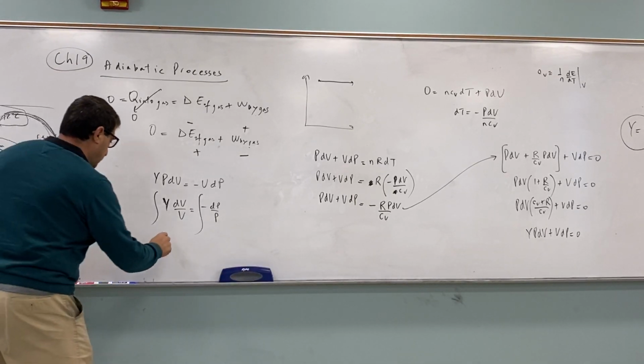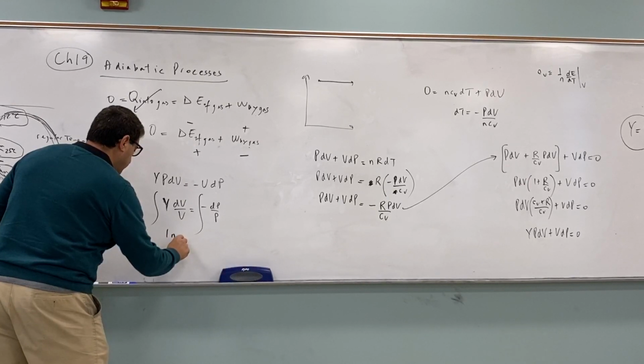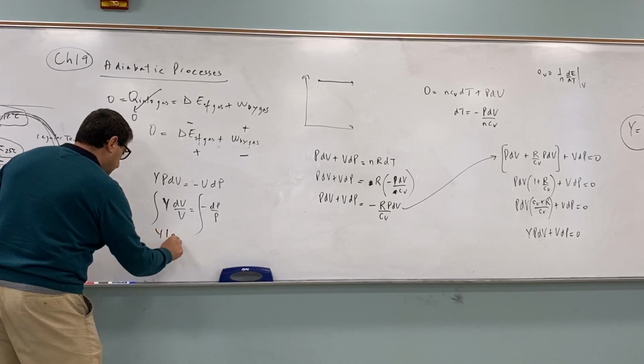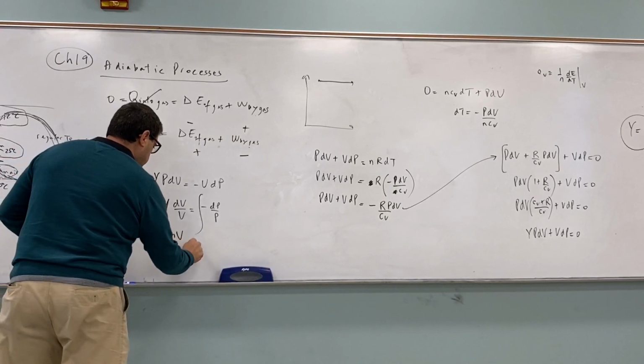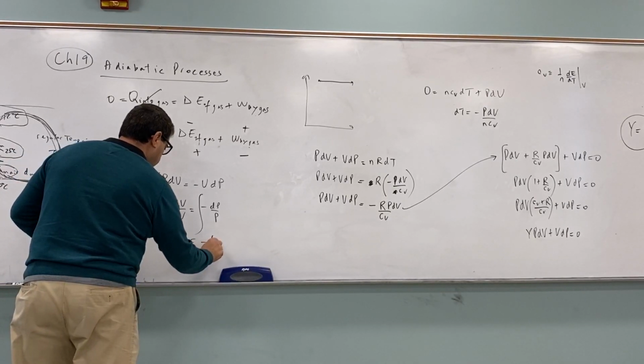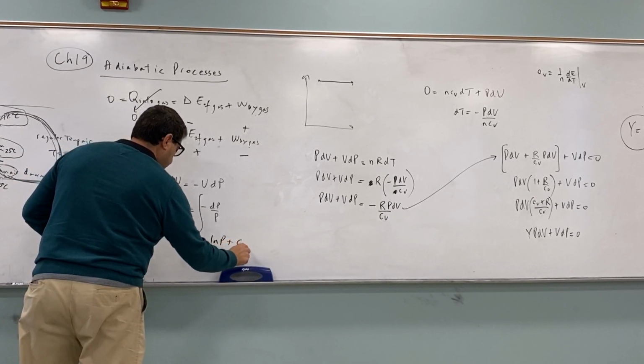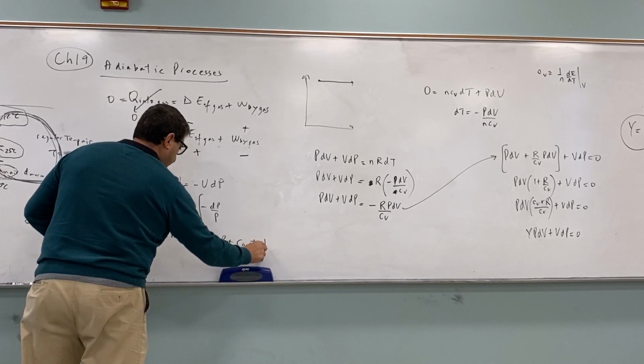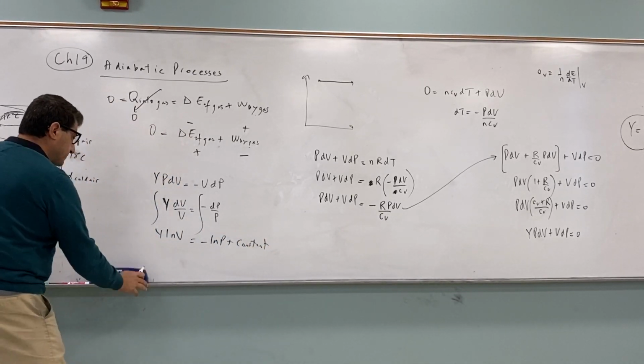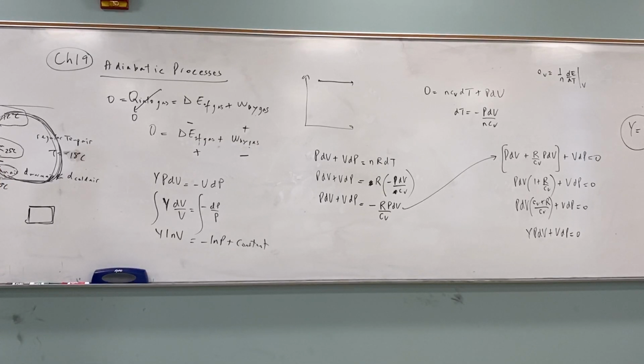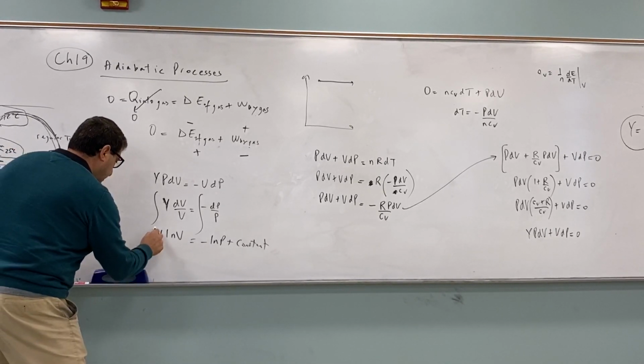Then you're left with gamma ln of V is equal to negative ln of P plus some constant. So then raise both sides to the power e.